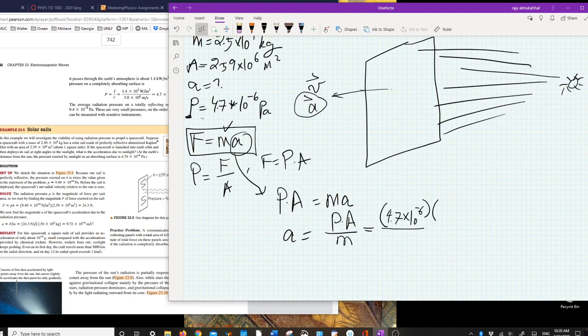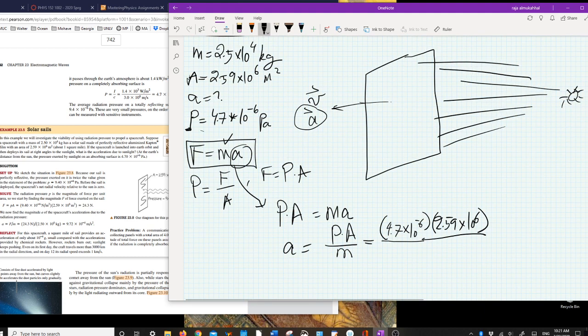Area, there it is right there, 2.59 times 10 to the power of 6. All of that divided by the mass, given to us as well, right here, right? So I have here 2.5 times 10 to the fourth, and then you calculate all of that.